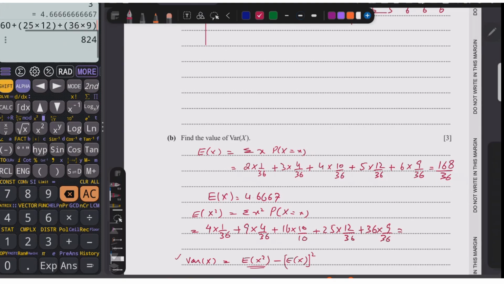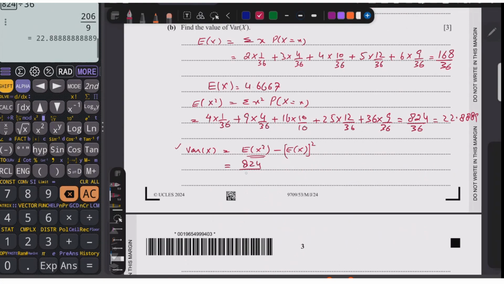Okay, let's add, and it is 824 divided by 36. 824 over 36 minus 168 over 36 squared. Let's do the working. The total answer is equal to 10 over 9, which is equal to 1.111. And our final answer is 1.11 in 3 significant figures.